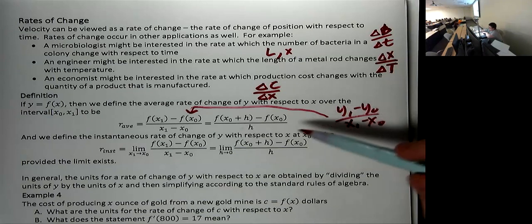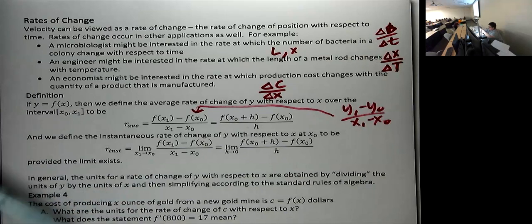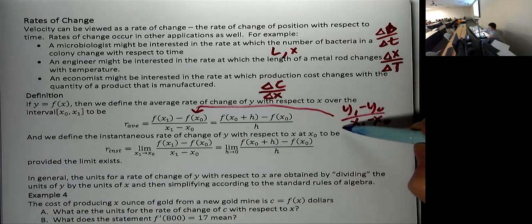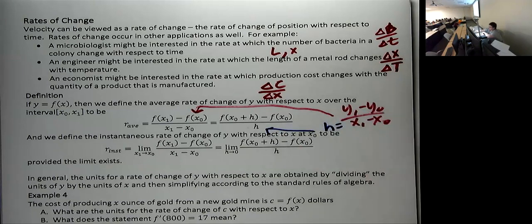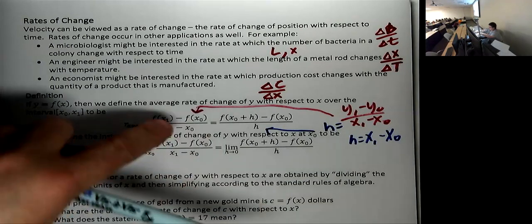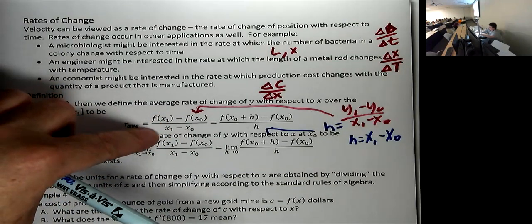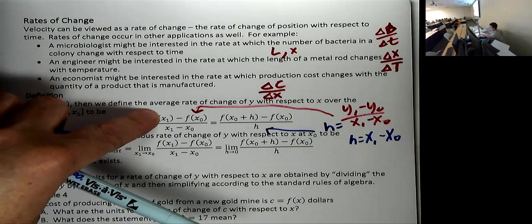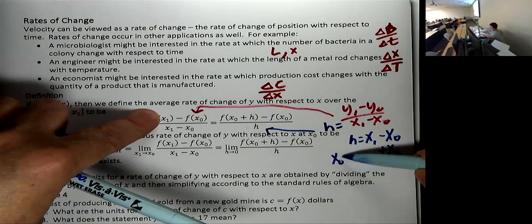The only difference when we go to the other one is we are calling this h. And so if h equals x1 minus x naught, I want to clear this up and address this f of x1. I can add x naught to both sides.